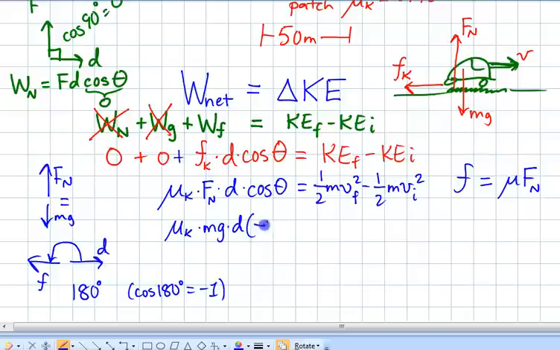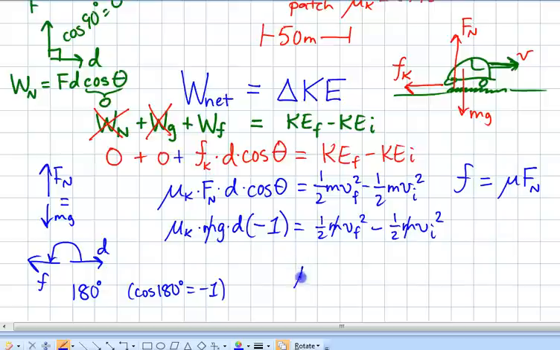Okay, so there's going to be a -1 right there, and we'll have 1/2 mv final squared minus 1/2 mv initial squared. Now at this point, another neat thing we can do is because each term has an m in it, we can cancel that out.